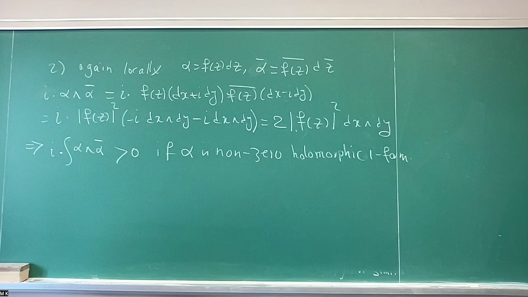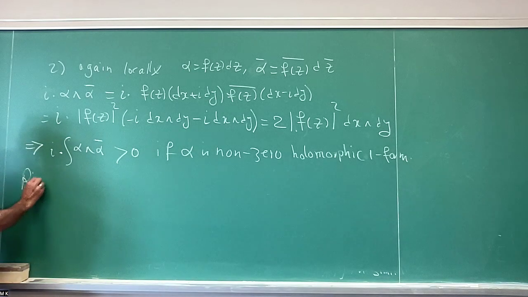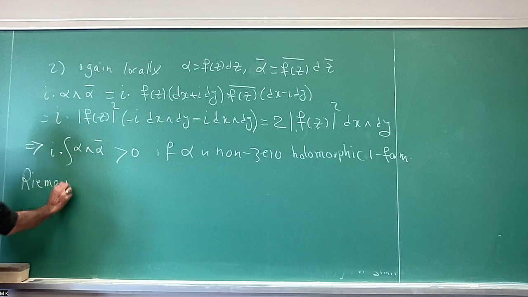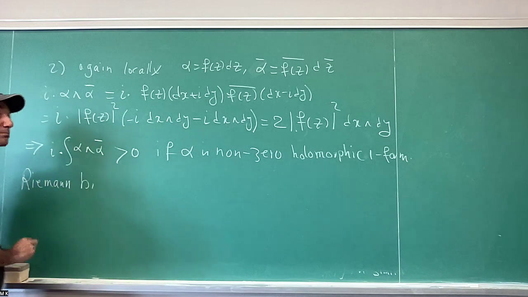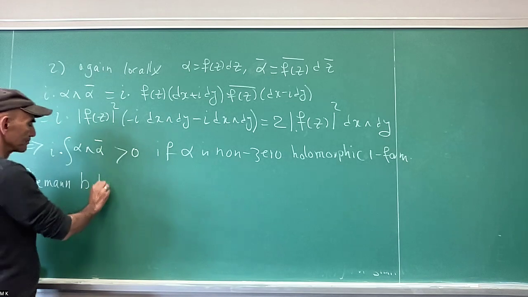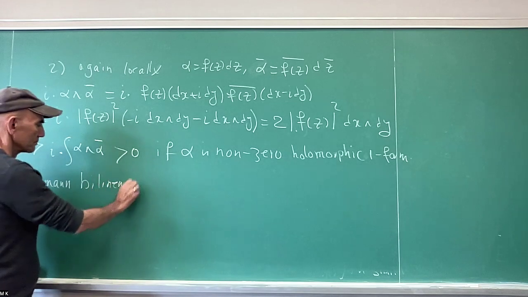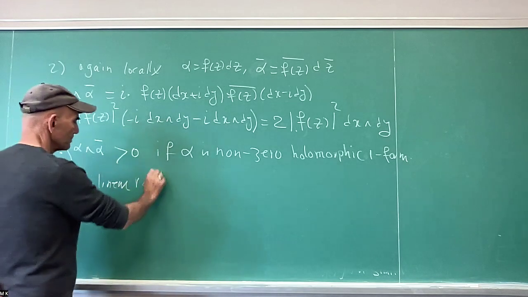Okay, now we can prove actually quite easily because we have all the elements in place. Riemann bilinear relations. This is very important.